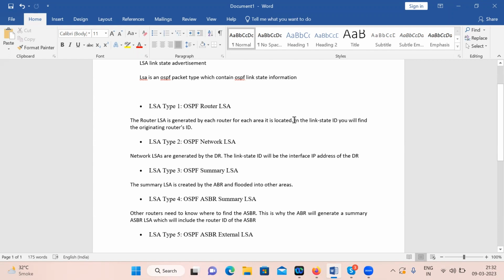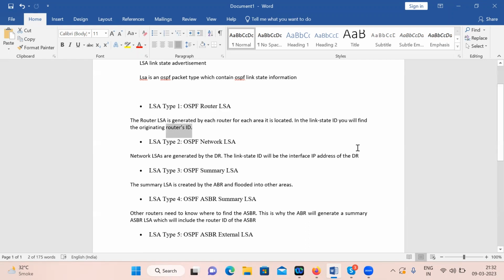In the link state, you will find the originating router's ID. Now, what exactly does router ID mean? What is a router ID? Anyone? In OSPF, there is a concept of router ID.